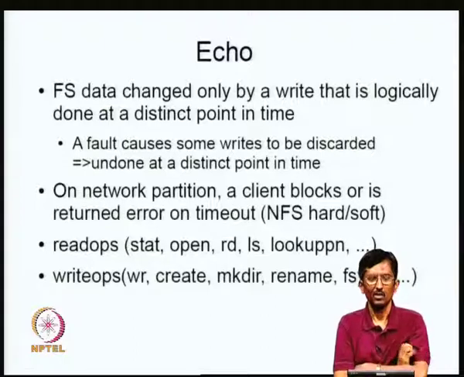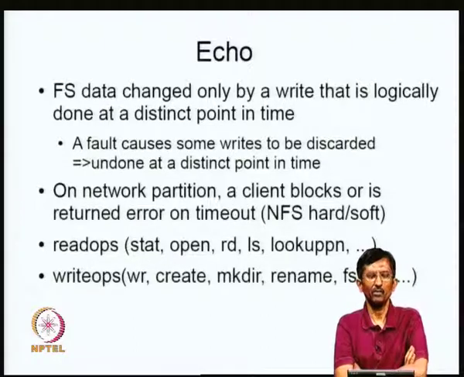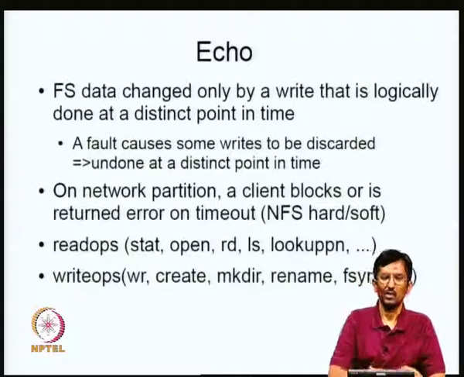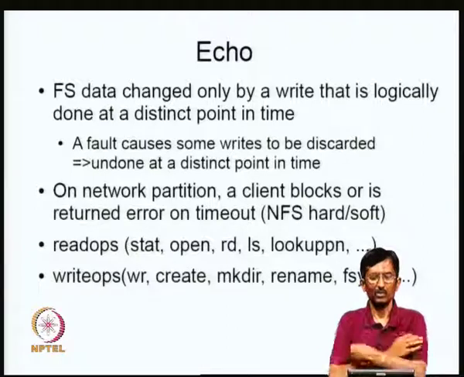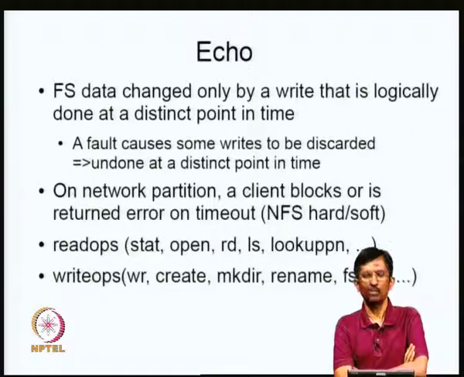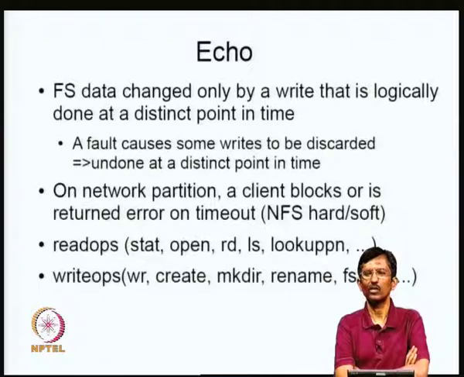Okay. So, and for the same reason, if a fault occurs, this causes certain writes to be discarded. Again, this is done at a distinct point in time. Okay. So that you can reason about it without too much trouble. So again, when there is a network partition, you either block or you are told that there is a timeout.